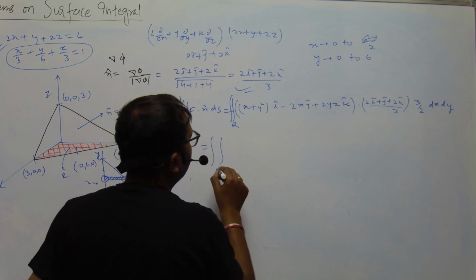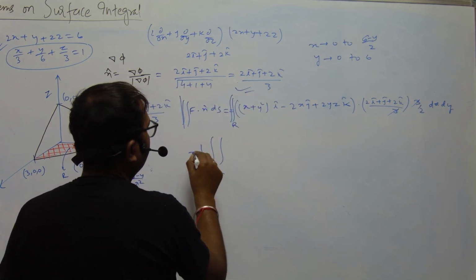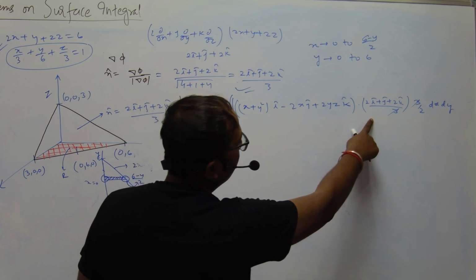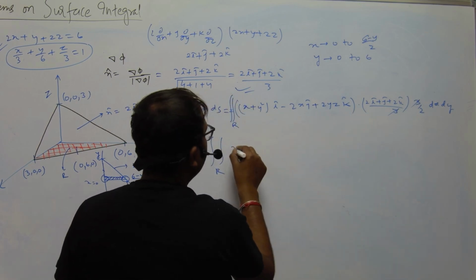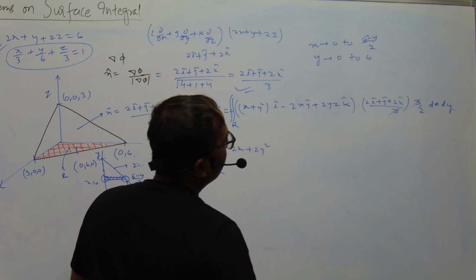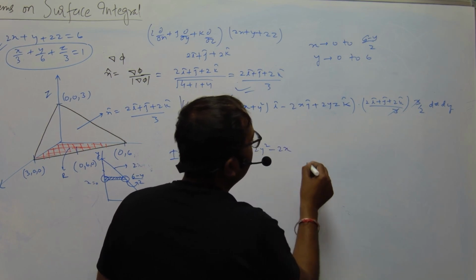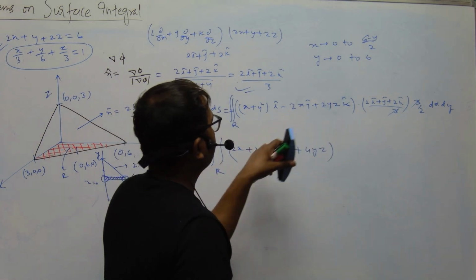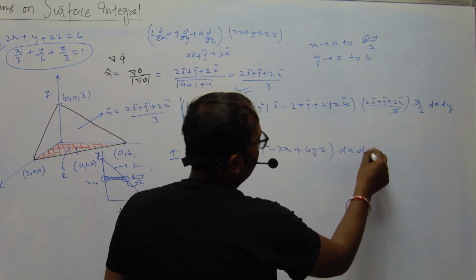This is equal to, along region R, this gets cancelled, one upon 2 times the integral of 2(x plus y square) minus 2x plus 4yz, dx dy upon 2.